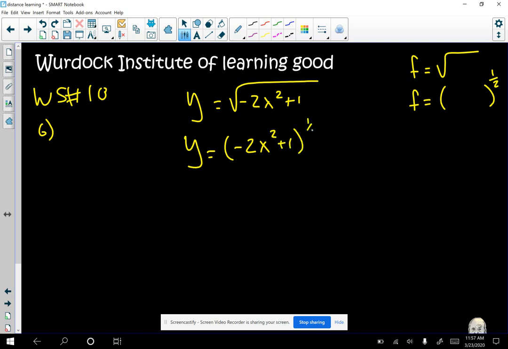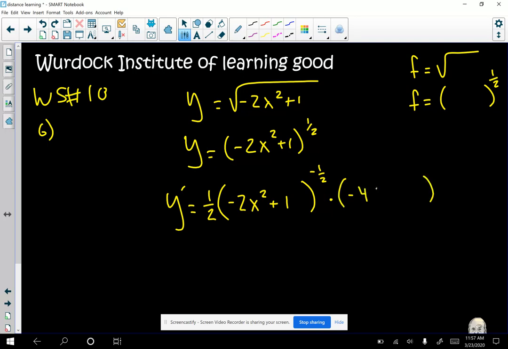Now I can hopefully see that the derivative of this function, which is something to the power of half, would be 1/2 times something to the power of, remember, 1/2 minus 1 is negative 1/2. I place the u function back inside, and now I do the derivative of the u function, negative 4x plus 0 technically.